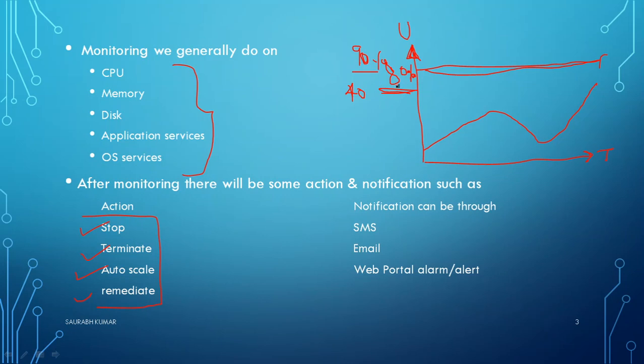Whatever value they have set, whenever the utilization goes beyond it, or they can also set a threshold for going down, whenever the utilization crosses that threshold for some specific period of time, they should get a notification. And the notification can be through SMS, through email, or maybe through a web portal alarm or alert.